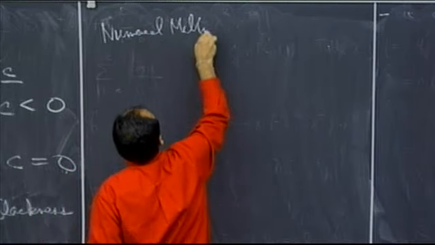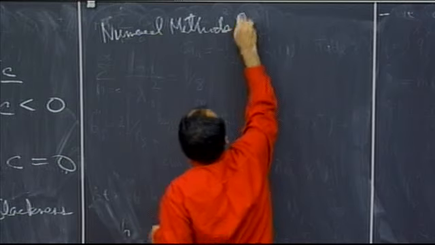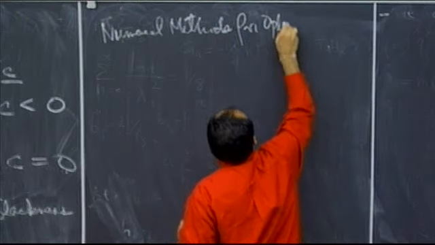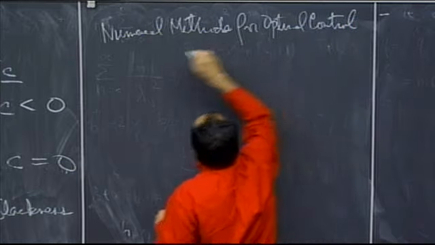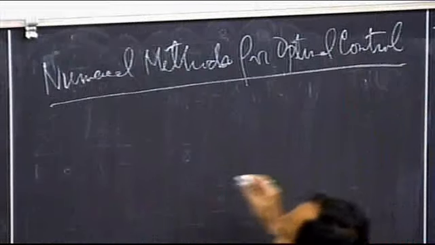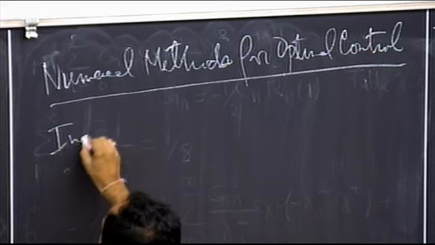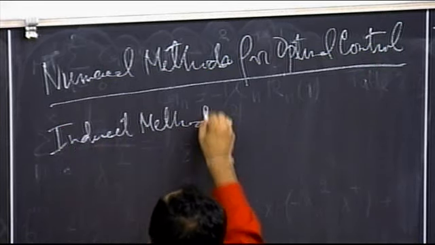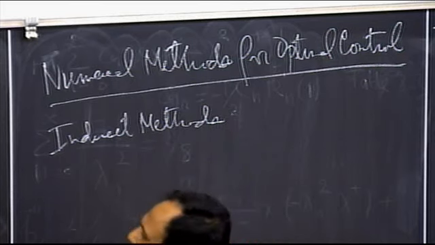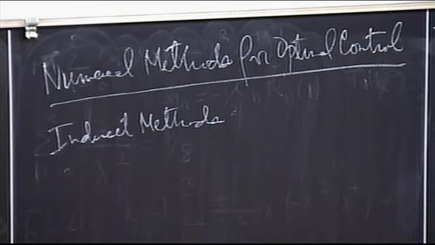Now, I usually start this off with sort of high-level categorizations, so I'm going to do the same thing here. There are 2 broad categories of numerical methods. The first category are what are called indirect methods. Indirect methods are exactly what we just described through the calculus of variations over the last 5 weeks.